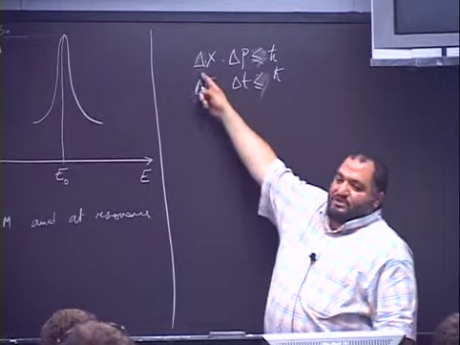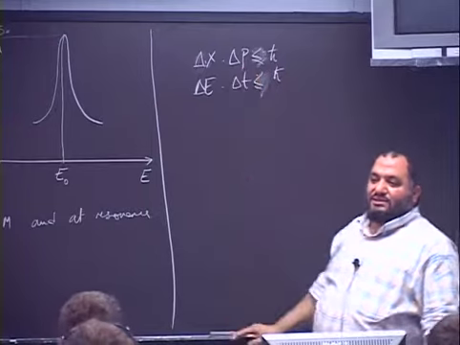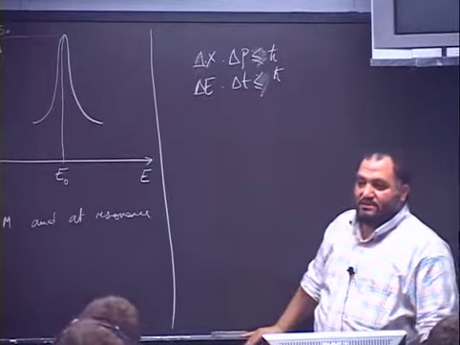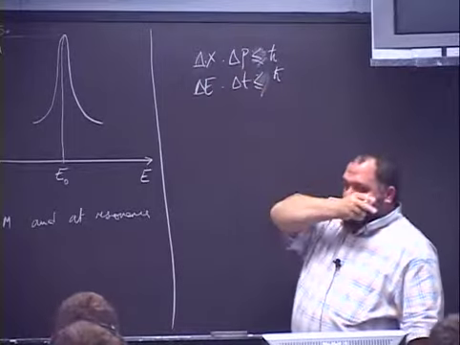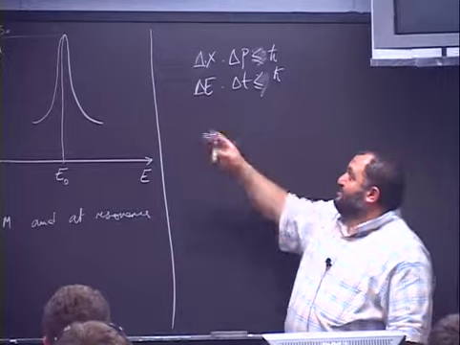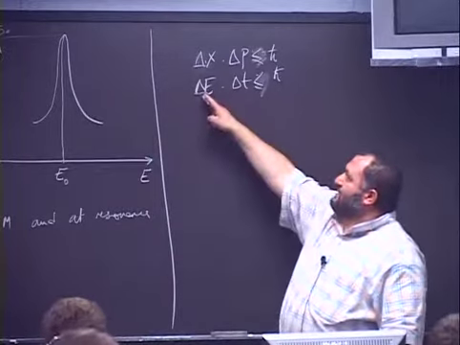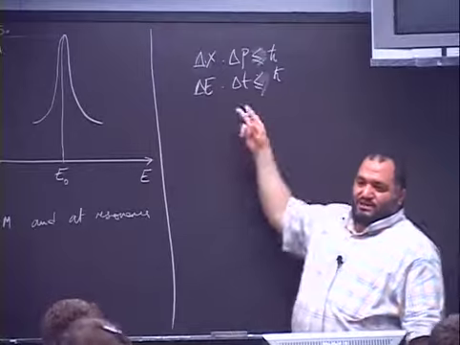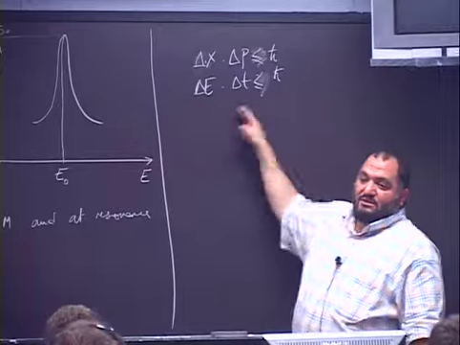But if you get 0, anything multiplied by 0 is 0, so you cannot get this number. So this is the uncertainty principle. Delta P has a relation with energy, and delta X has a relation with time, so you will obtain this formula.